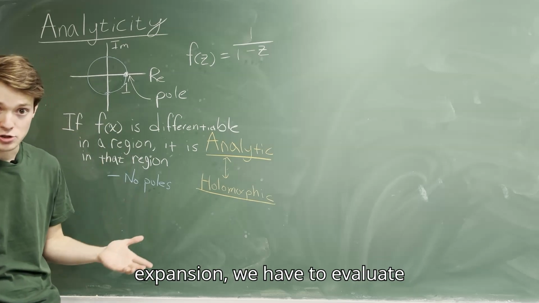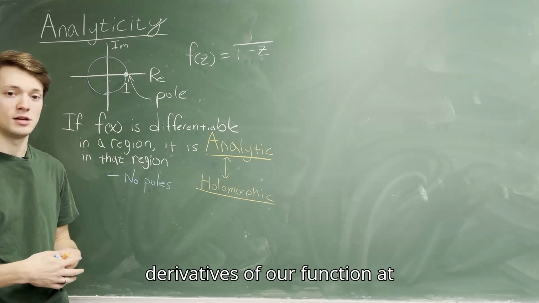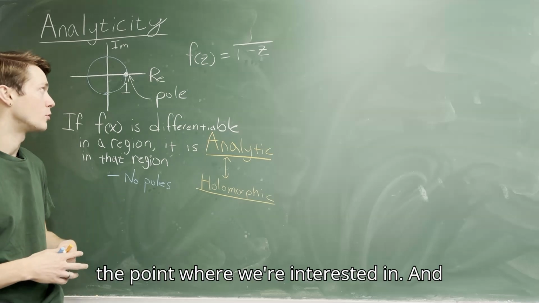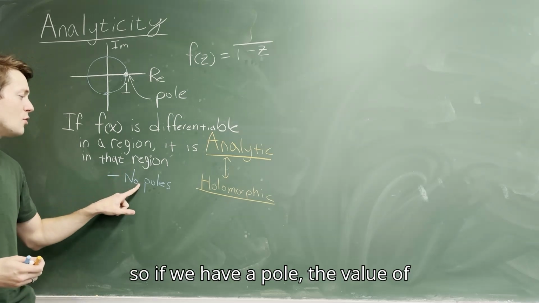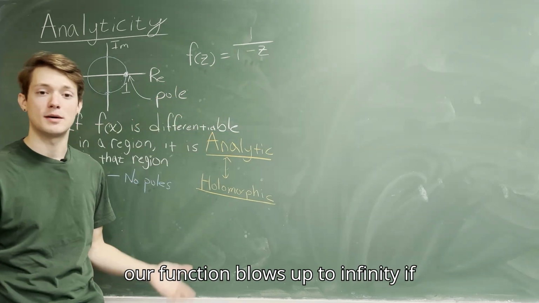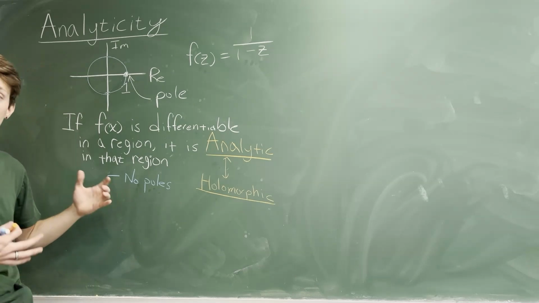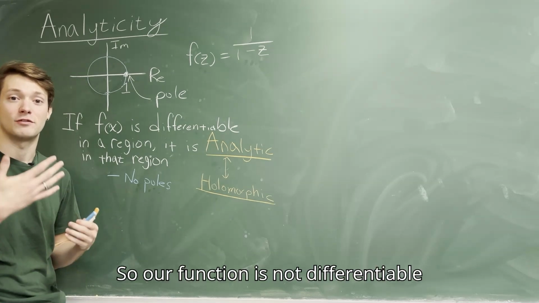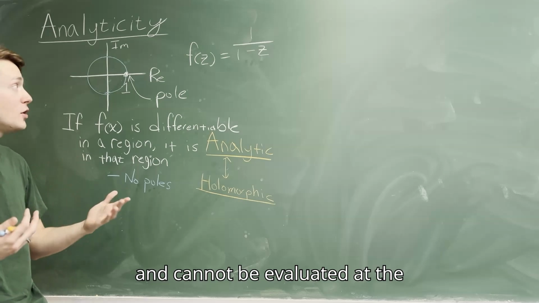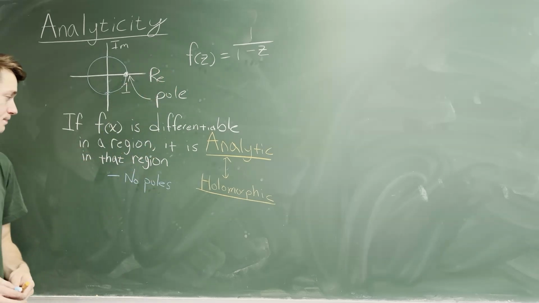Our Taylor expansion, we have to evaluate derivatives of our function at the point where we're interested in. And so if we have a pole, the value of our function blows up to infinity if we evaluate it at that point. So our function is not differentiable and cannot be evaluated at the location of our pole or singularity.